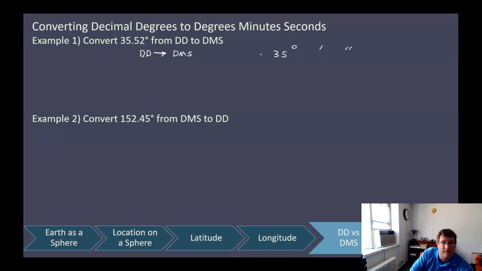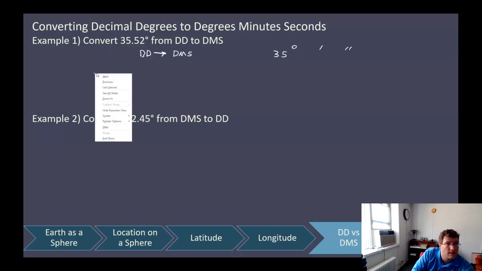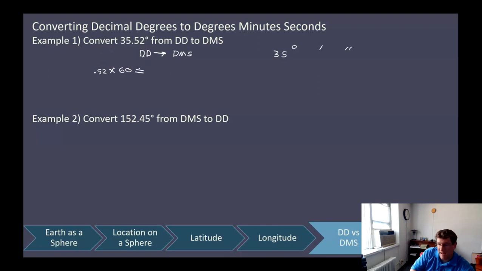So this 35 is this 35. To get the number of minutes, we take the fractional portion, which in this case is 0.52, and multiply that by 60, because there's 60 minutes in a degree. This is the proportion to the next full degree.